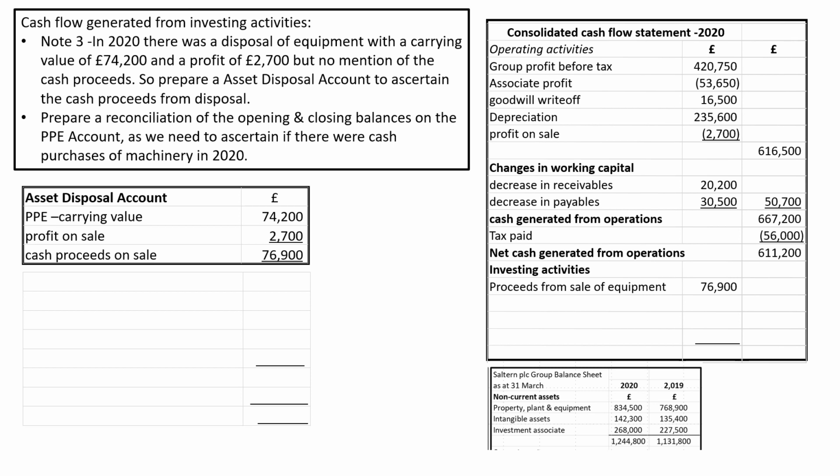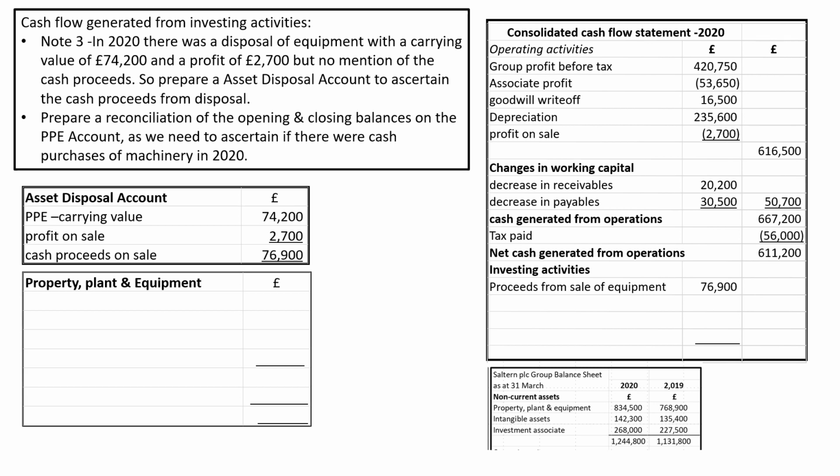We have the balance sheet for the 2 consecutive years, and we're in a position now to work out if any cash purchase of machinery was made in 2020. So start with the opening balance, which is given as $768,900. We also, if you like, have to take away the depreciation, which is given in note 3, $235,600.